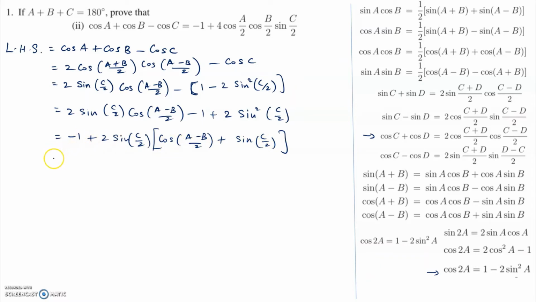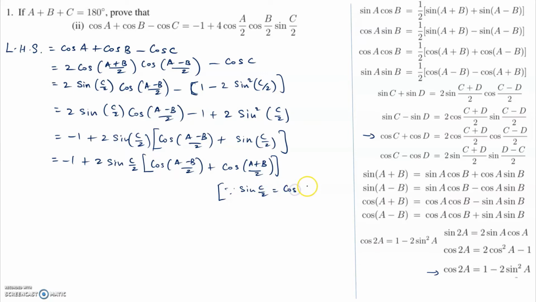So this will become minus 1 plus 2 sin c by 2 within bracket cos (a minus b) by 2 plus cos (a plus b) by 2, since sin c by 2 is equal to cos (a plus b) by 2.